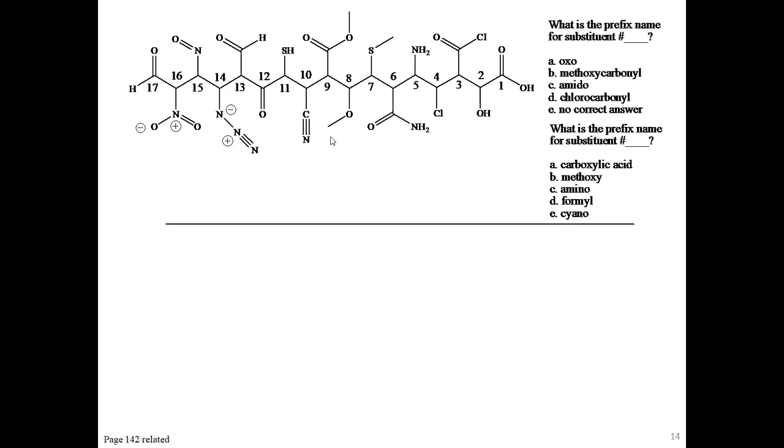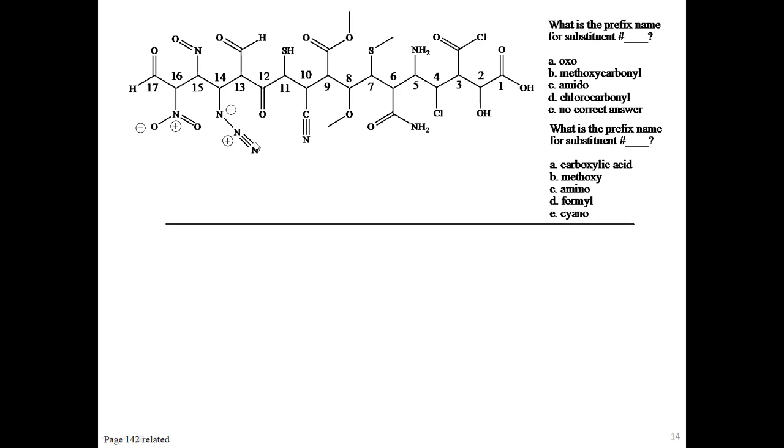And then 8 is an ether, methoxy. 9 is an ester branch, methoxycarbonyl. 10 is a nitrile, cyano prefix, 10-cyano. This is a thiol, prefix is mercapto or sulfanyl, 11-mercapto. 12 oxo. 13, now this is a branch aldehyde, so this will be formyl. 13-formyl. 14 is azido.